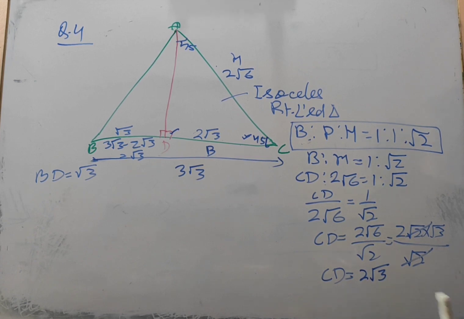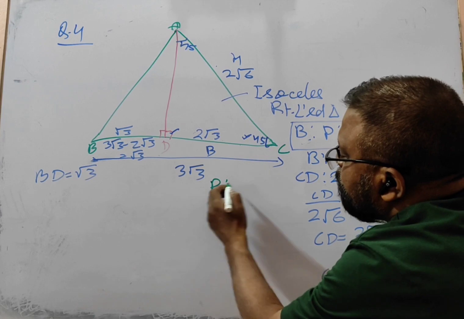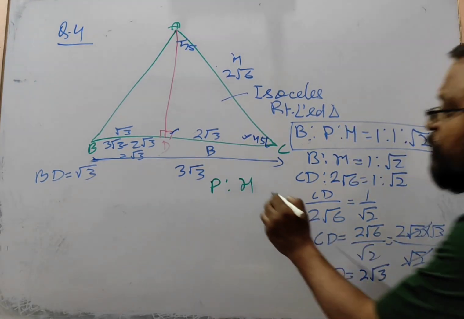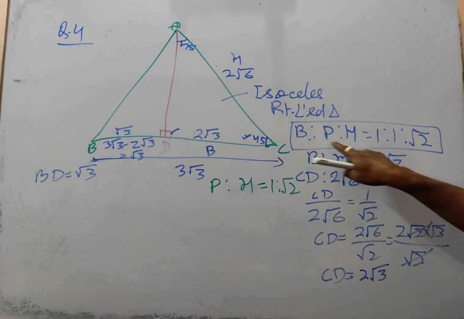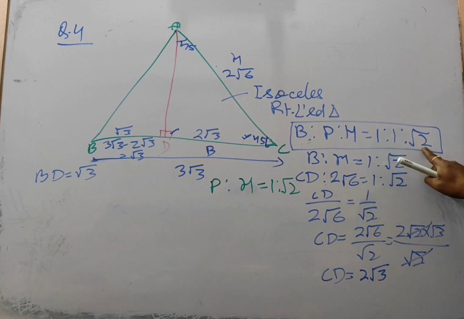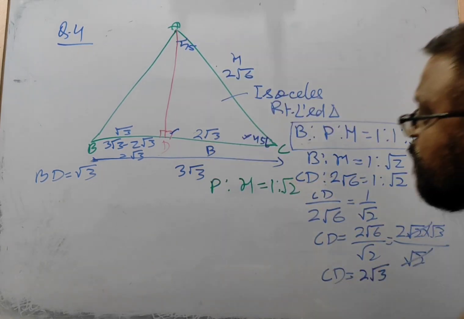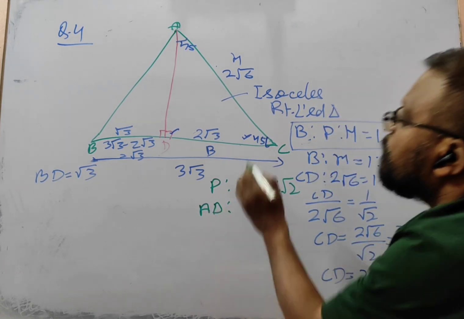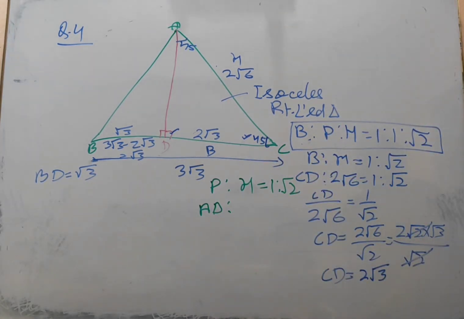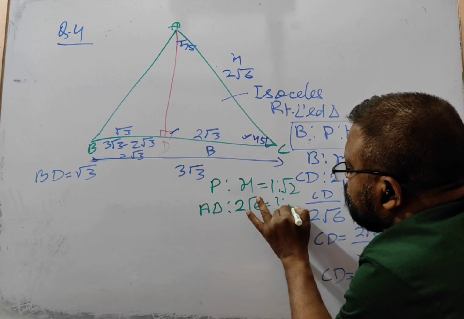Now I'll take perpendicular upon hypotenuse, which is again 1 is to root 2. The perpendicular is AD. So AD ratio hypotenuse 2 root 6 is equal to 1 ratio root 2.